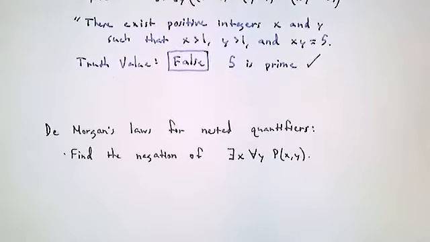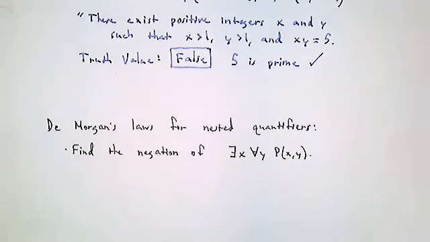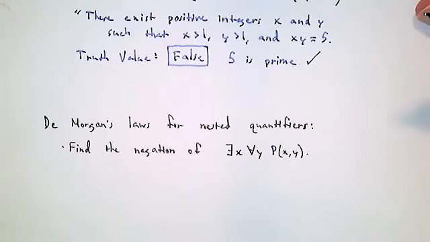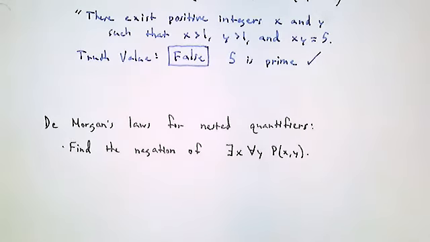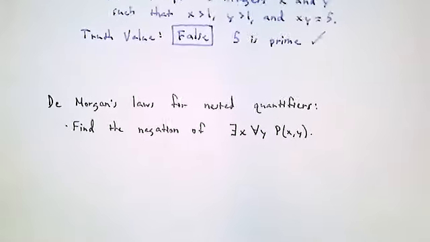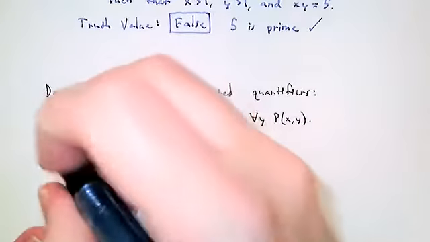Okay, so the next topic is to think through how De Morgan's laws work for nested quantifiers. In section 1.5, we talked about how they worked with a single quantifier. Now let's think about what happens if there are two. So we're going to use what we learned before.